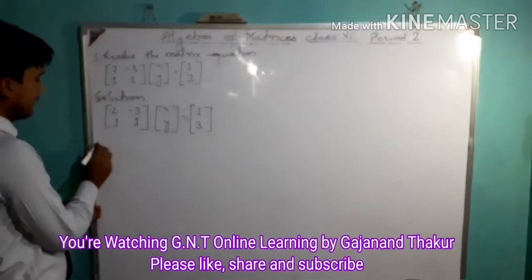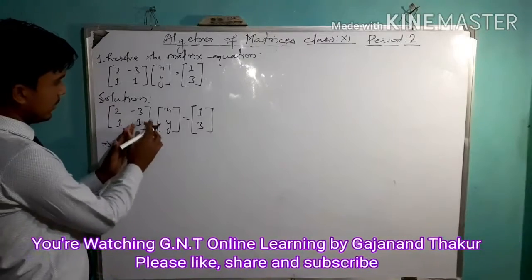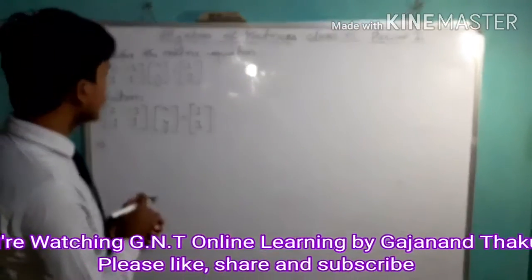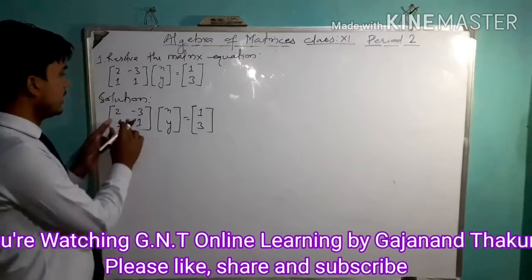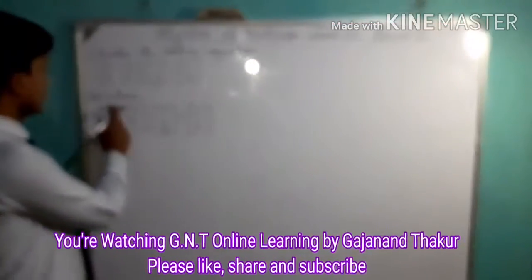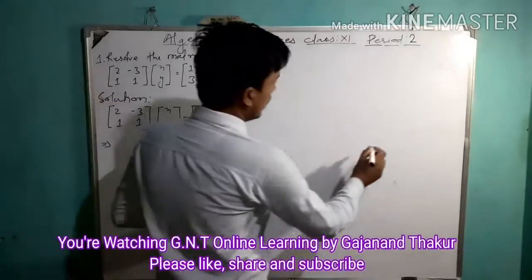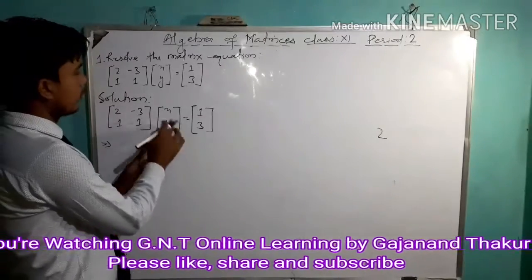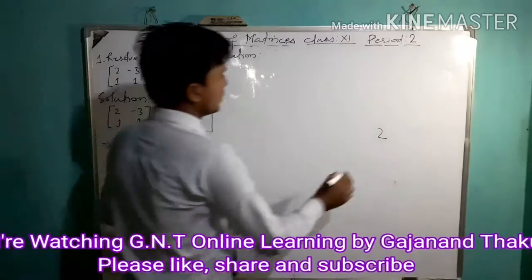So we'll multiply them first, right? This is multiplication. When we multiply, in the first determinant we look at the number of columns, 1, 2. So we have 2 columns. And in the second one, we look at the number of rows, 1, 2. So we have 2.